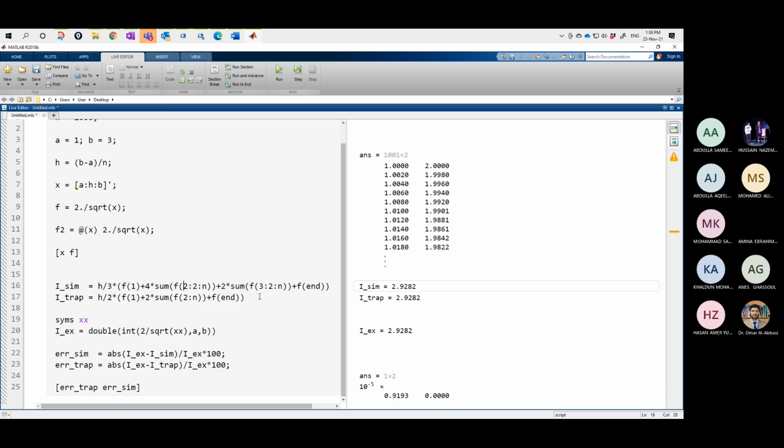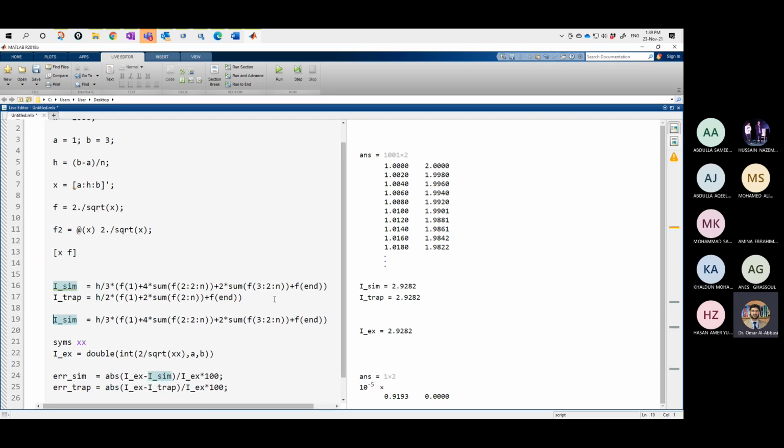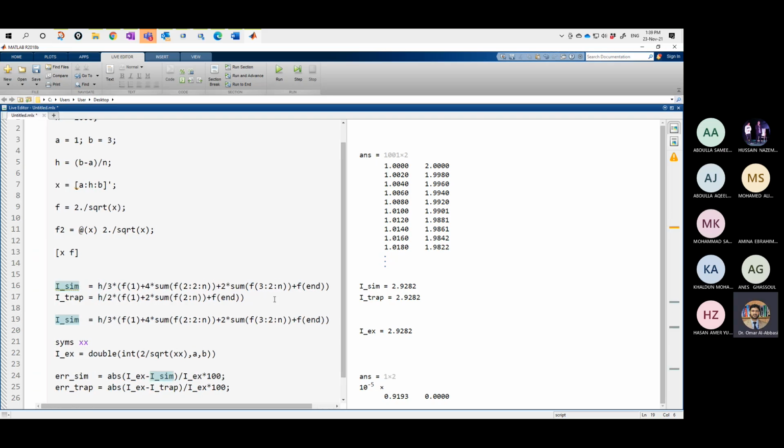Okay, so let us take this line, let me call it Simpson's 2. And that is f rather than 1, 2 is a function, right?